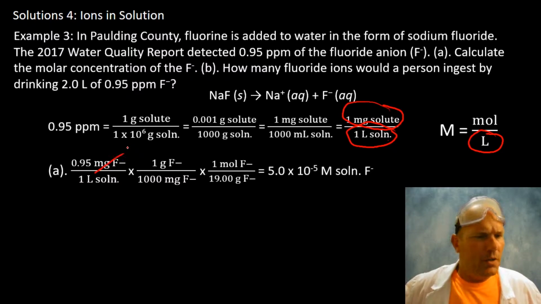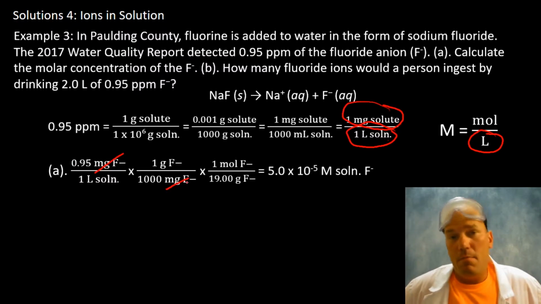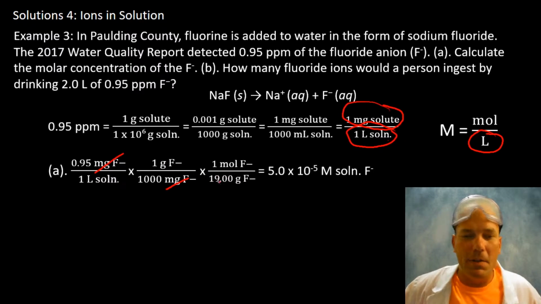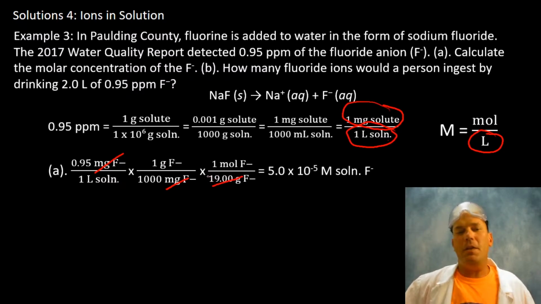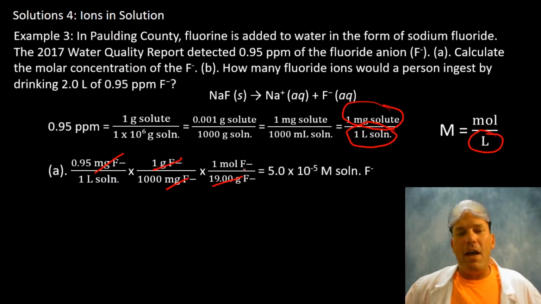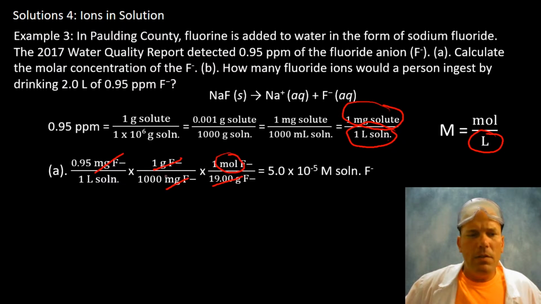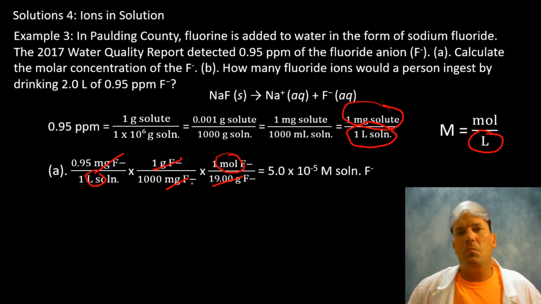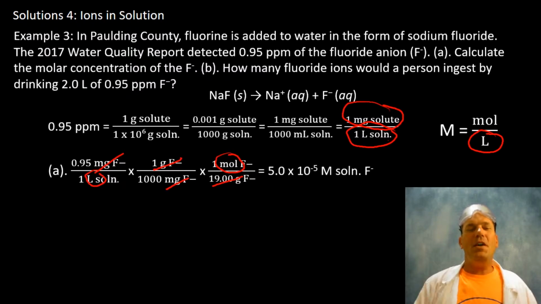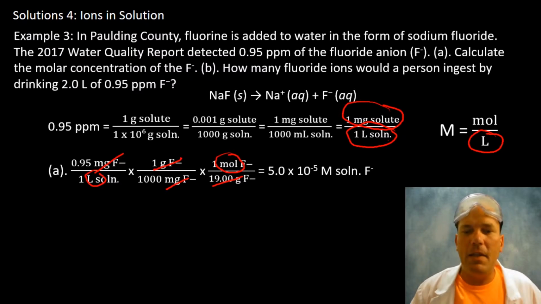Well, there's 1,000 milligrams in a gram, and so that's going to factor out. And here's my connection: grams on top, grams on bottom. Molar mass, 19.00 grams of fluorine in 1 mole of fluorine, and that'll factor that out. And then we're left with moles over liters. Moles over liters. Molarity.